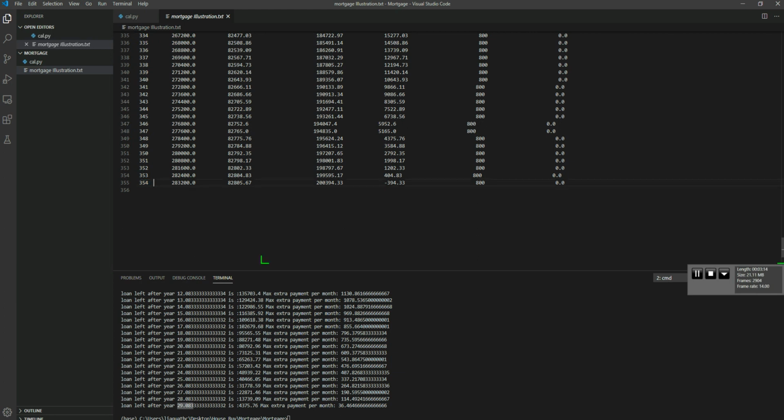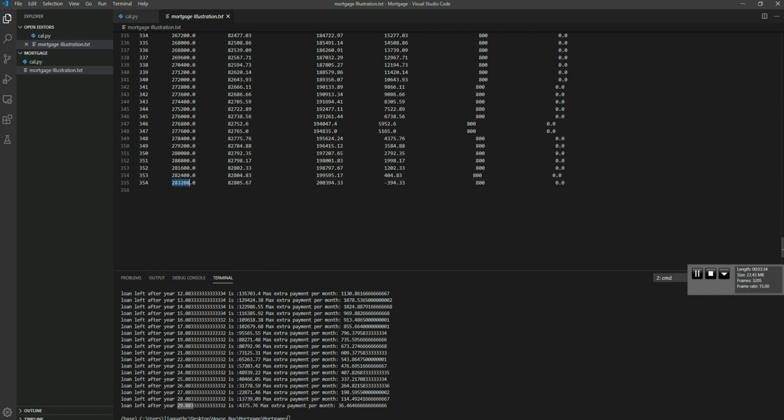29.08 years, so you are paying about 30 years, and what we are paying in total is 283,200, whatever currency you can imagine, pound, dollar, whatever, let's say dollar.